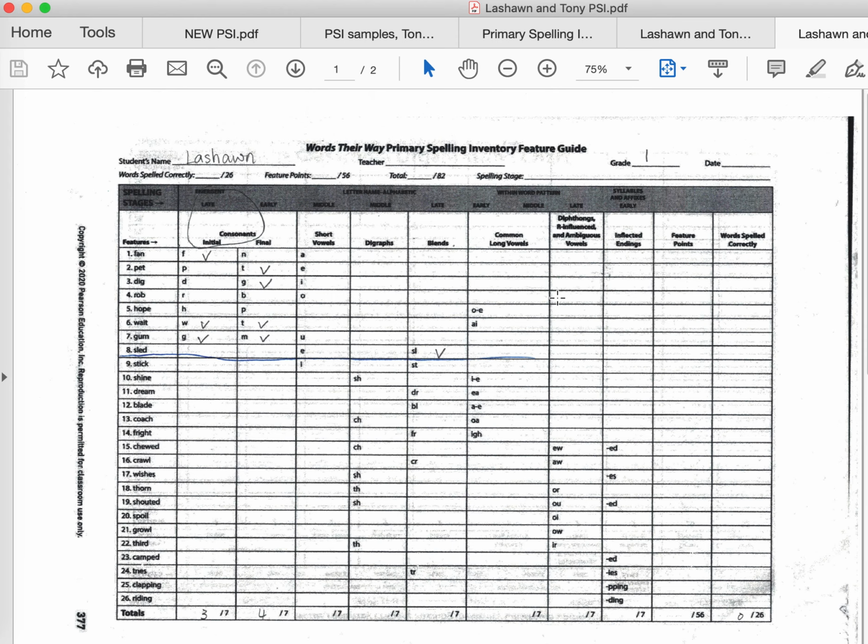By looking at the features assessed across the top of the column on the feature guide, it can be determined if LaShawn has represented them correctly or not within the words on the inventory. Correctly represented feature spellings can be recorded on a feature guide with highlighting or check marks. As you can see, this teacher used check marks. The first word spelled is fan, F-A-N.